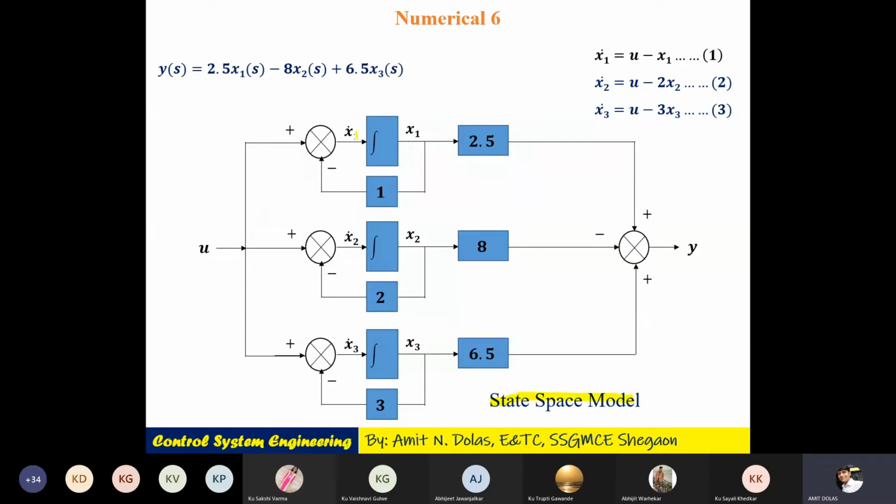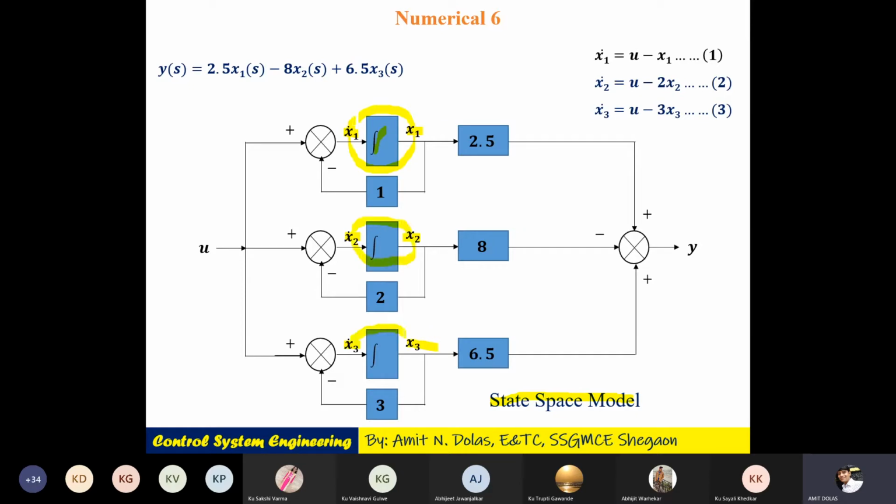You can see, we know the x1 dot and x1 correlation. X1 is the integration of x1 dot, of course. Similarly we have it for x2 and for x3. I told you, first prepare this block.